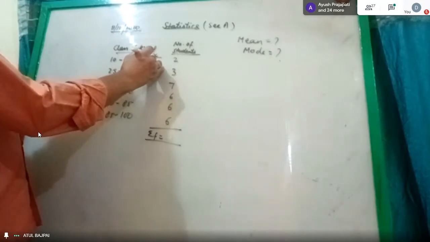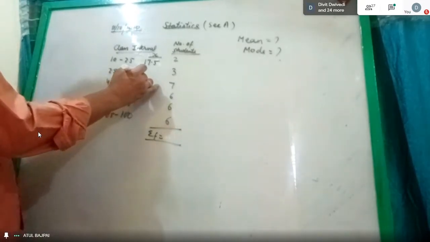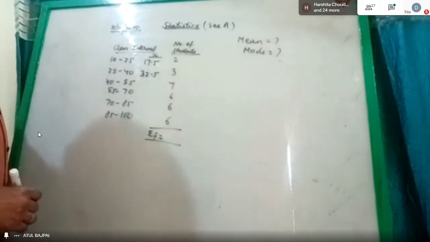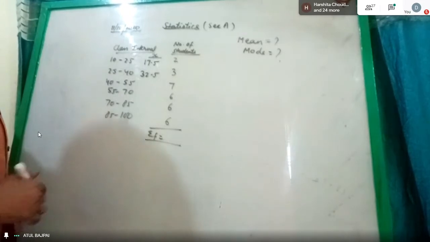So let us see the middle value. 25 plus 10, 35 by 2, how much? 17.5. Very good. 25 plus 40, 65 by 2, how much? 32.5. 40 plus 55, 95 by 2, 47.5.